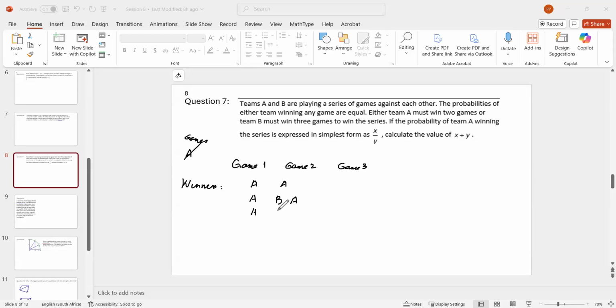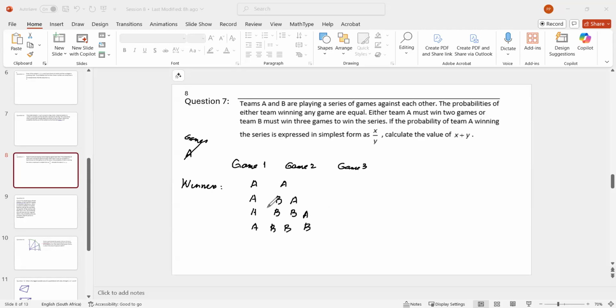Or you could have had A, then B winning the second game, and B winning the third game. And still there's no decision. But if A wins the fourth game, the game stops. Or you could have had A, B, B, and then B. So I've got B, B, A, B, B, B, taking care of all the possibilities.